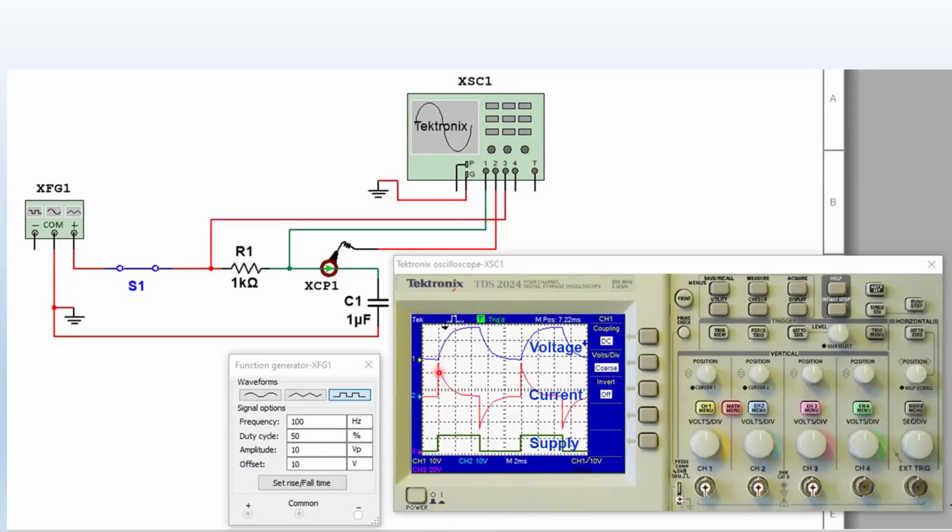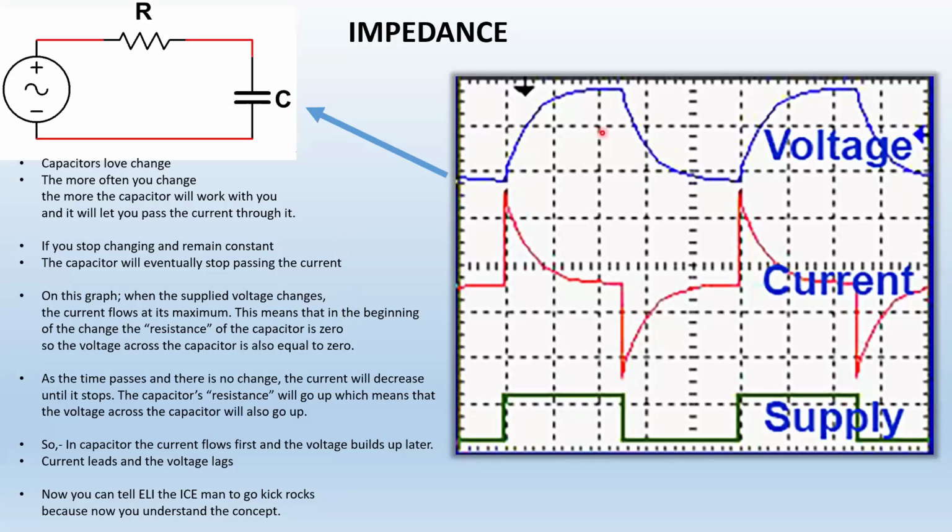So in a capacitor, current leads the voltage. You just have to remember that for other subjects. Current is first in a capacitor, followed by the voltage. Here is a magnified version of that.